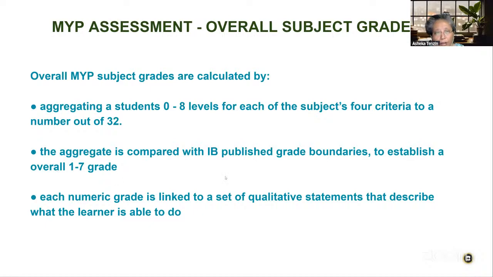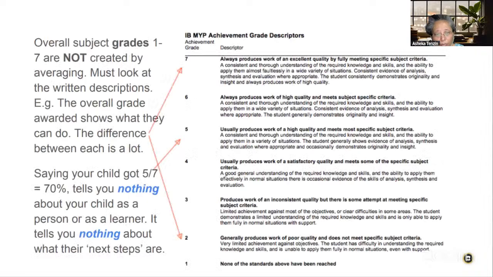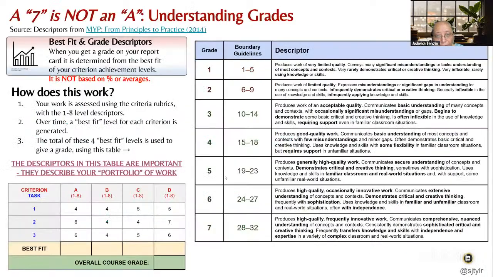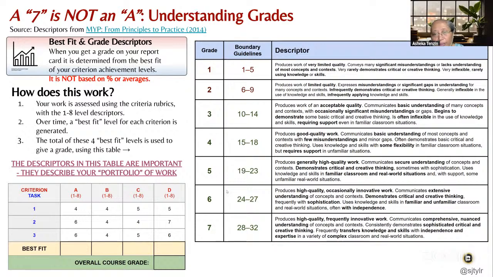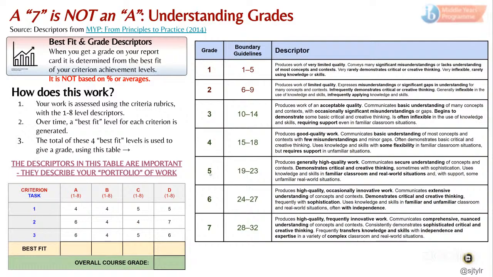Okay, so now how does it look? How will I know what is a 7? So this is the grade boundary. Okay, I told you, right? 5, 5, 5, 5, I've got 20. So 20 out of 32 is how much? A 5 out of 7. So the overall grade that I get in sciences is a 5 out of 7 because I've got 20 and it's between this, right?